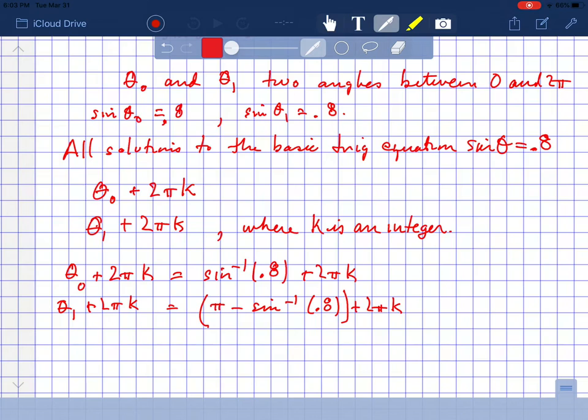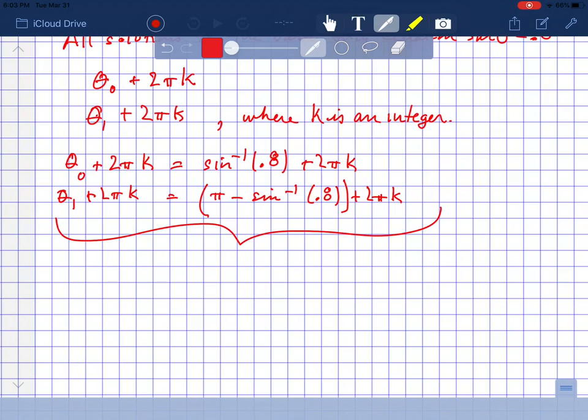Okay, you can write it like that. Now, if you're taking a test and you're not allowed to use a calculator, then these are your answers. That's all you can do with what you have available. So you would leave your solutions in this form.